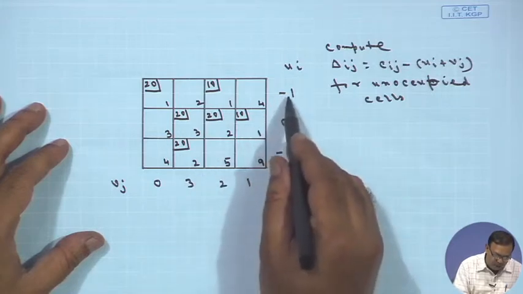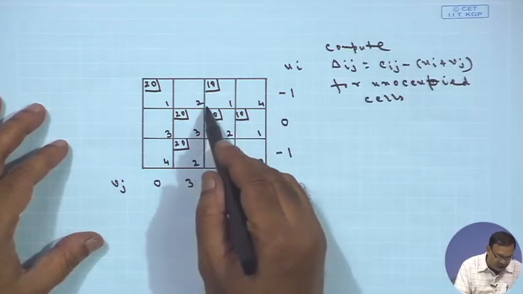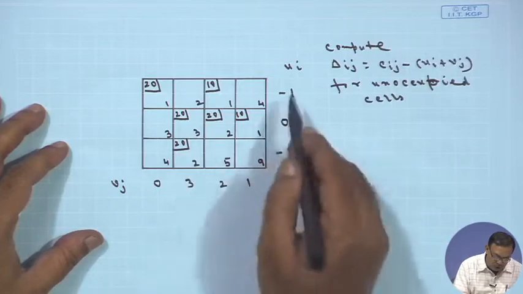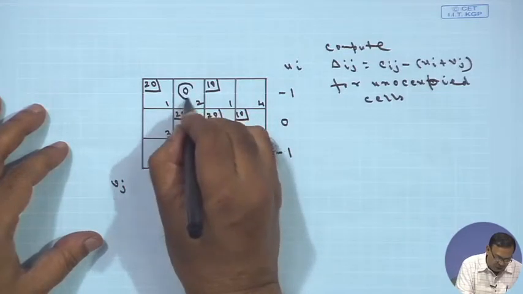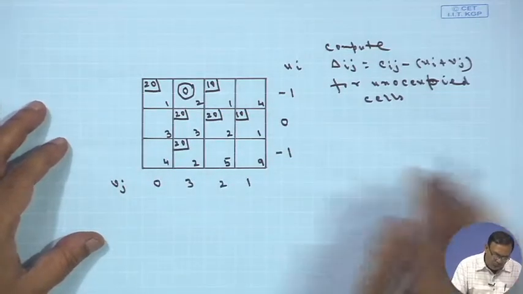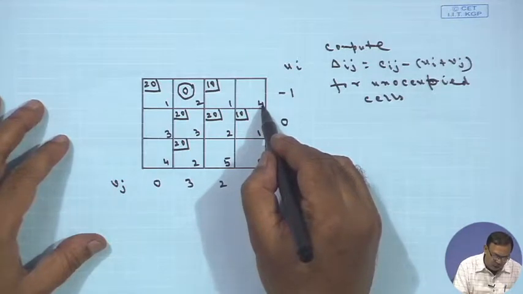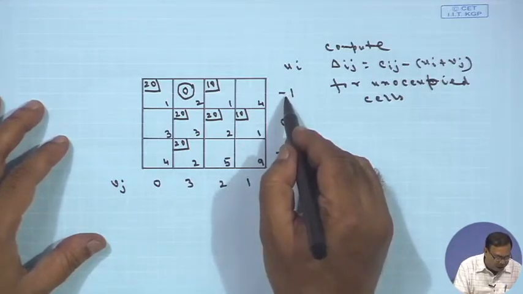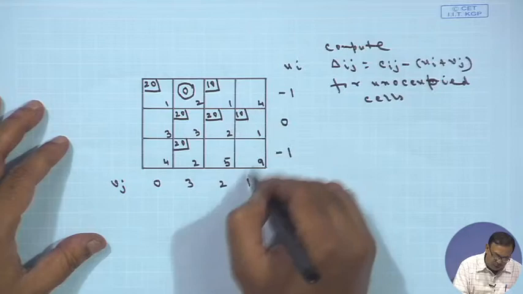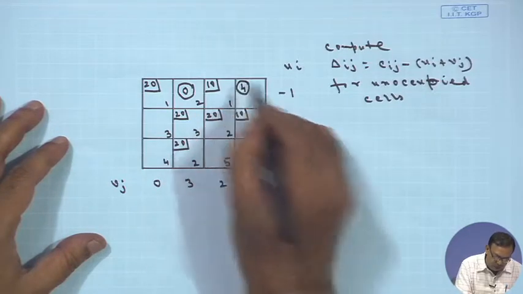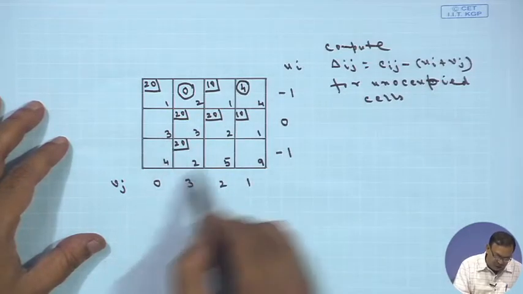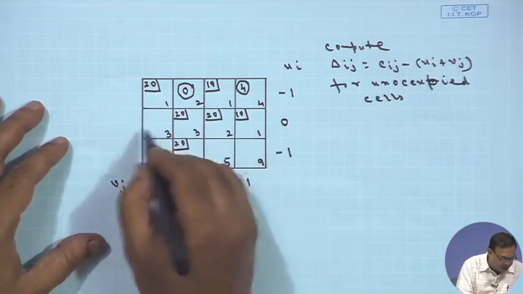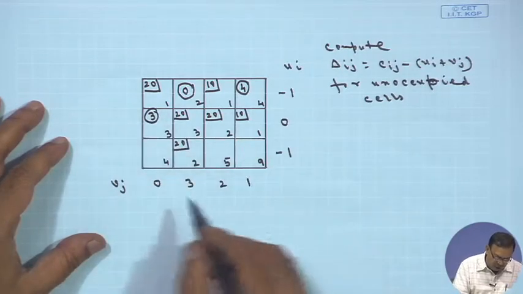Ui plus Vj is 2, and Cij is this 2. So, 2 minus 2, the value is 0. Similarly, for this, 4 minus (Ui plus Vj) which is 0, so 4 minus 0 will be 4. For this case, it will be 3 minus 0, so it will be 3. These are occupied cells.